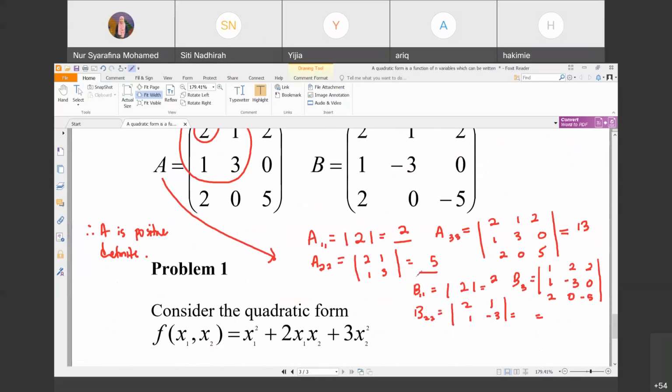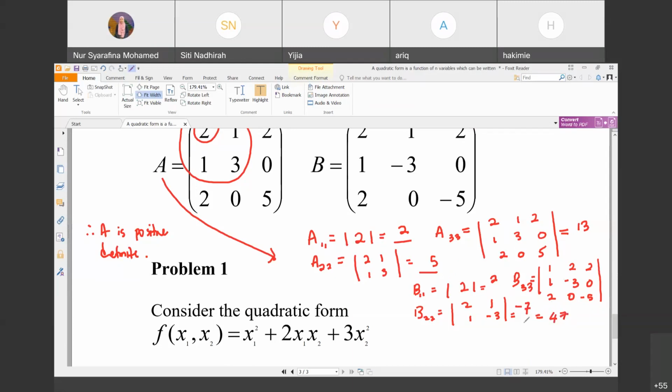B11 is 2. What is B22? What is B33? Okay, then B22 is -7 and B33 is 47.